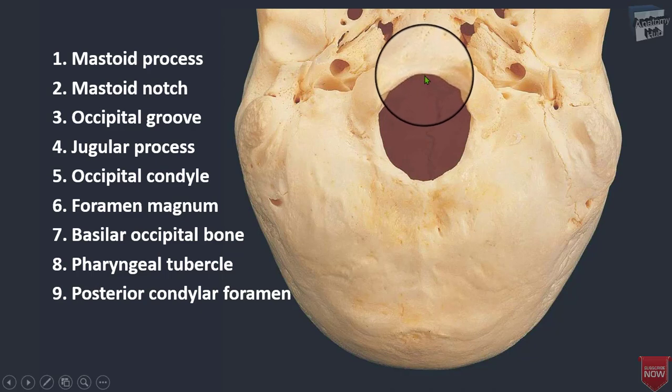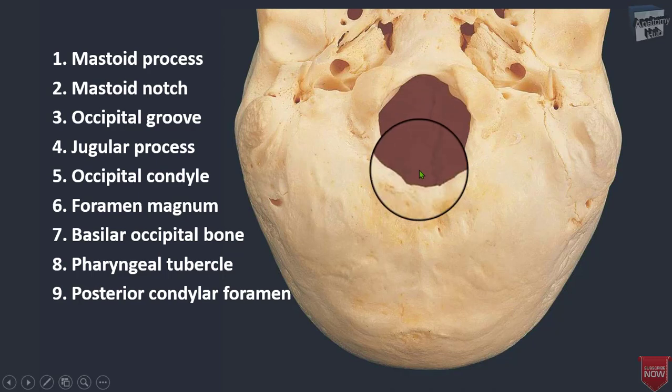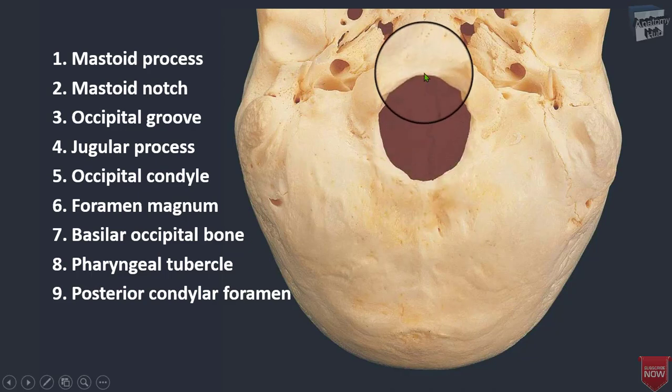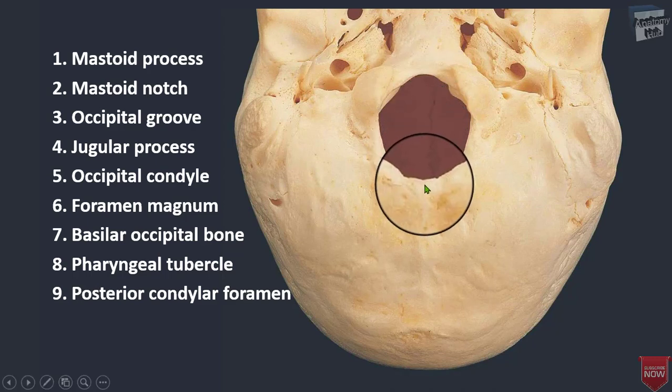So this is your basion, and just behind that here you will find the opisthion. Opisthion means posterior, and is another craniometric landmark opposite to the basion on the midline of the posterior margin of the foramen magnum.